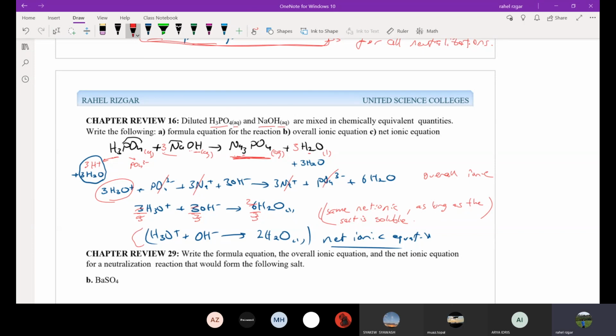Look at here. What do you mean by overall ionic? Oh, in overall, why? Because we have, in overall, we have PO4. Because we have one PO4. That's why.